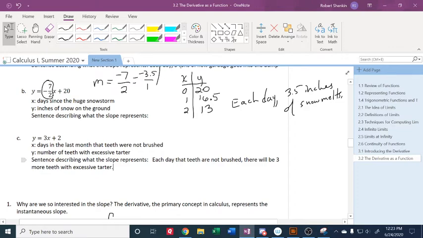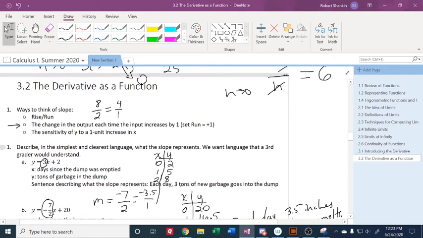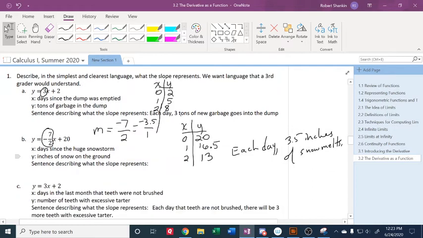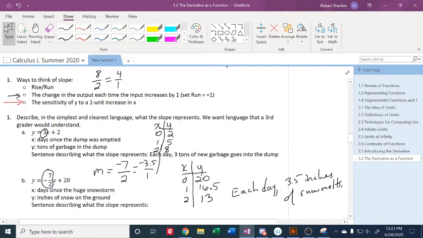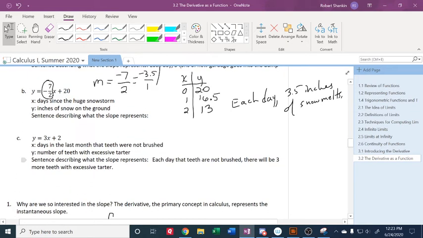Now, of these ways to think of slope, I think this one is most helpful with this. The sensitivity of your mouth to a day of not brushing your teeth. Each day that you don't brush, you get 3 more teeth with excessive tartar.